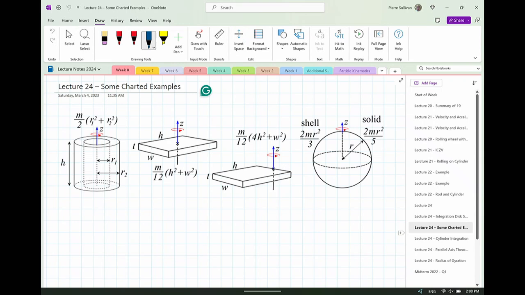For another plate, at the end you'll notice that was what we started with. Define r here, or define r here, and you change your moment of inertia. In that case, it's m over 12 times 4h squared plus w squared. For a shell, you'll get a different number, and then a solid.